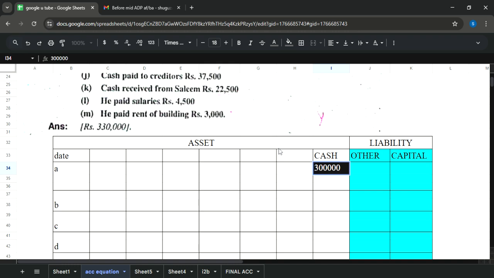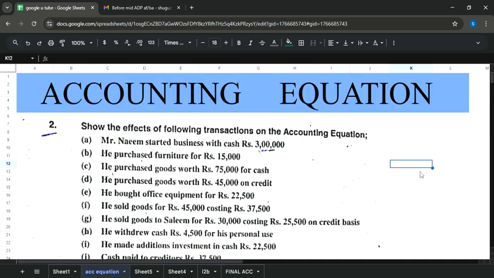The amount which is provided by the proprietor is capital. So on the other hand, your capital is also increasing with the same amount. In this way, our first entry is completed where cash is coming in through capital. Both are increasing, both are at different sides.